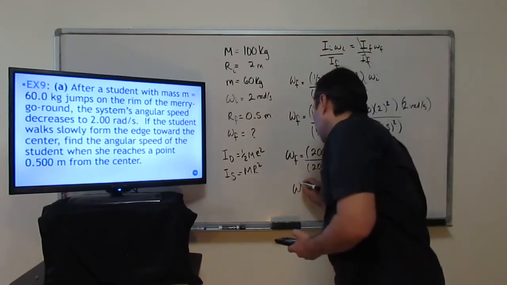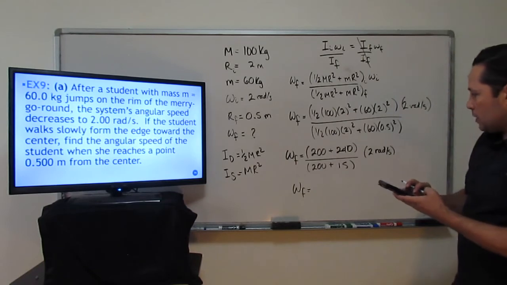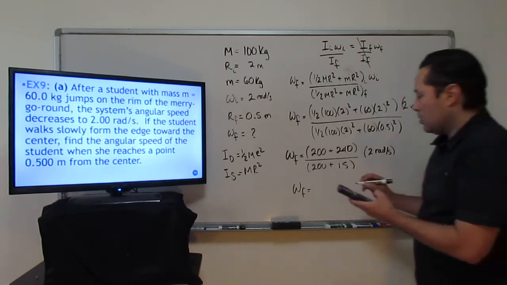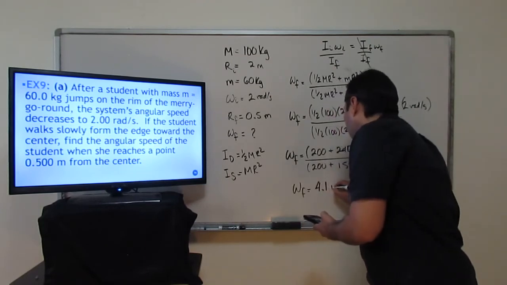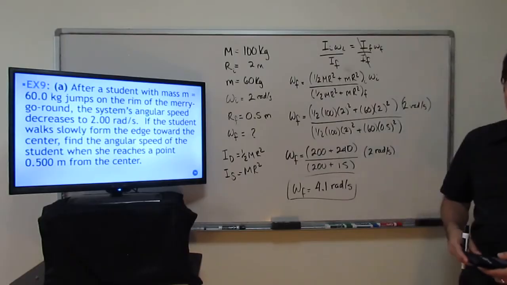So our final answer will be 440 divided by 215 times 2 gives us 4.1 rads per second, and that is part A, 4.1 rads per second.